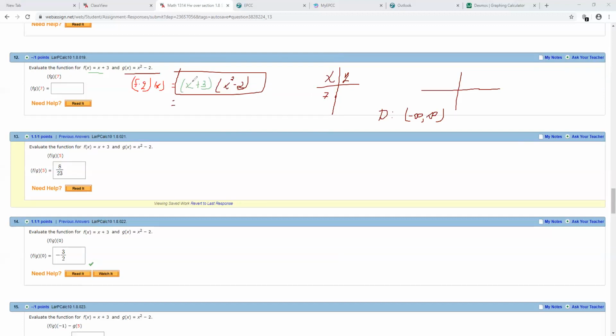So what's going to go right here for x, of course? It's going to be 7. And this will be 7 squared minus 2. And then we compute. So Griselda, the 7 plus 3 will be what? 10.